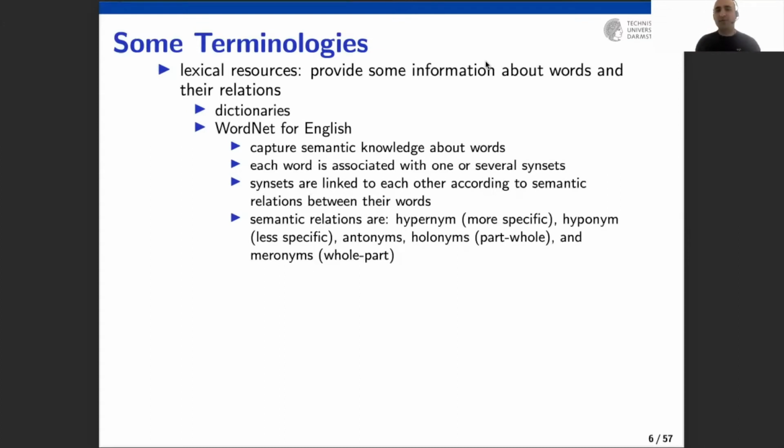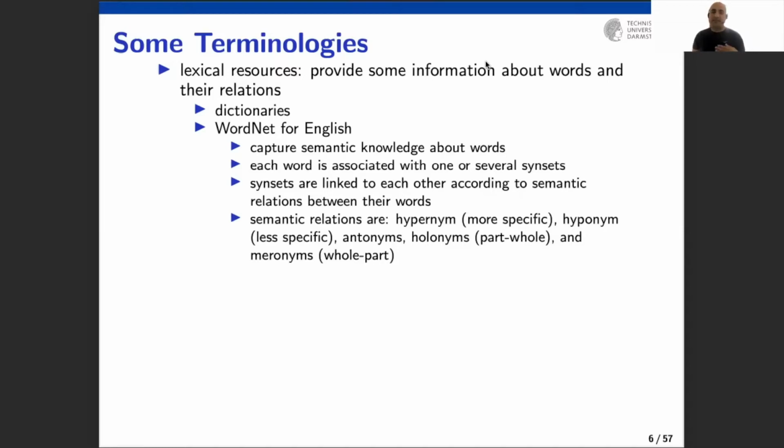What do we mean by semantic relations between words? We have different sorts of relations, like hypernym, which is a more specific version of the other word. Right? For example, Mercedes Benz is a more specific version of car, right? Or SUV is a hypernym of car.